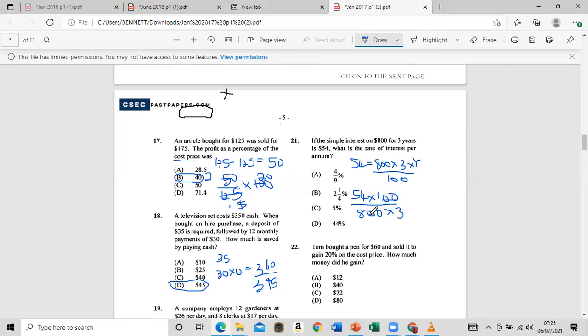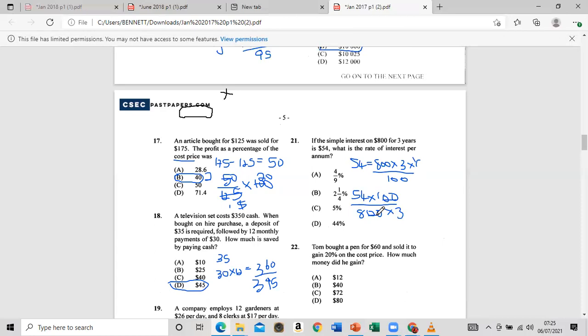So this to this. 3 can go into 54, 18 times, so it's 18 divided by 8. 8 into that, 2 times 8 is 16, 2 over 8. No, that's not right. 2 over 8, yeah, 2 over 8 is the same thing as a quarter.